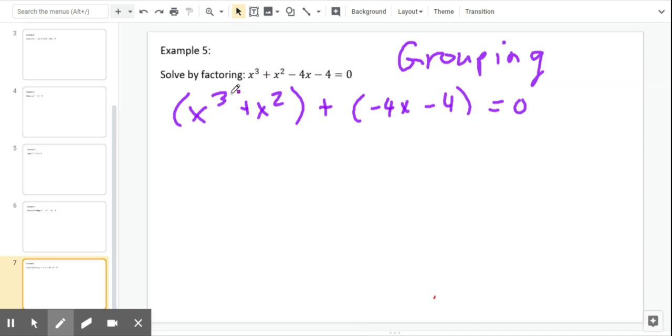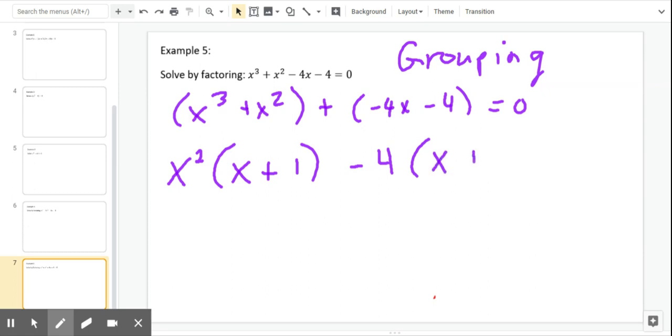Then for these first two terms, both of our coefficients are 1, so we don't need to worry about the coefficients, but we can factor out an x squared. And then we're left with x plus 1. And then for these two, we can factor out a -4. So now it's -4, and then we're left with x plus 1.